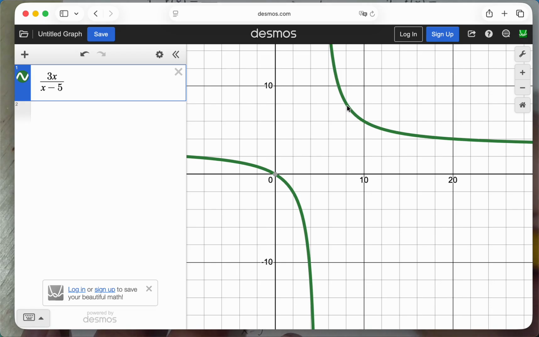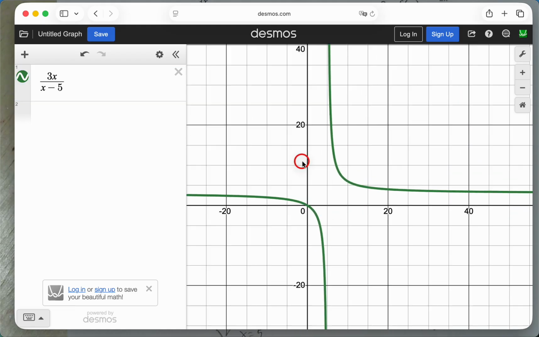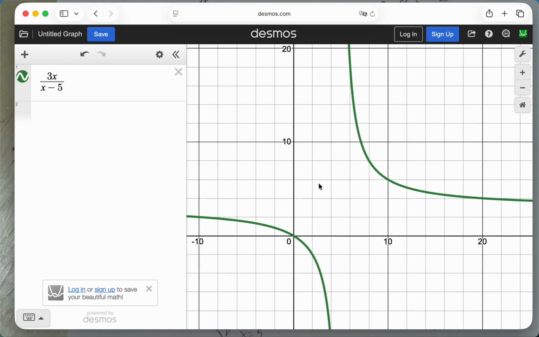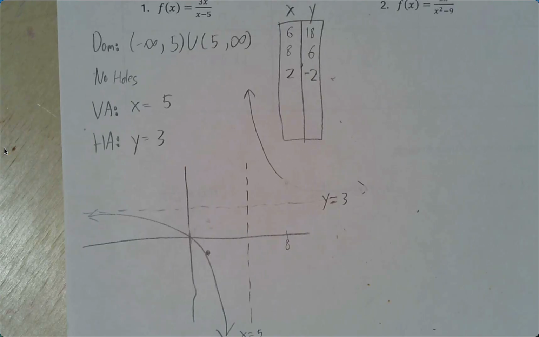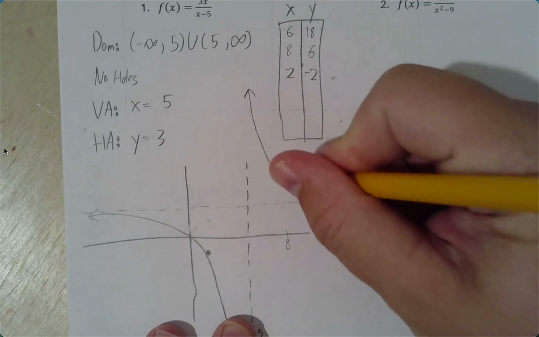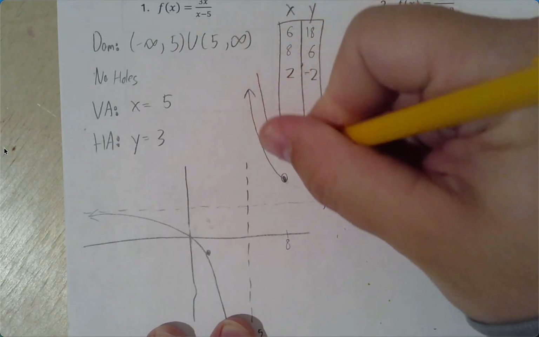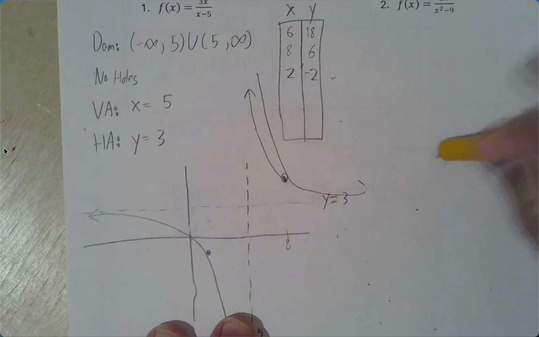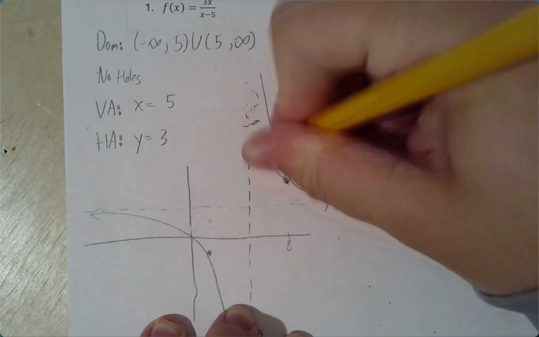The way I drew mine compared to the graph now that I'm looking at it, here's 8. 8 was still kind of on that major downward curve, so I'd just scaled it oddly. But whatever, we're not drawing these by hand, we're using the graphing tool. So with that being said, let me try to fix that and make it look a little better. Maybe that looks better.